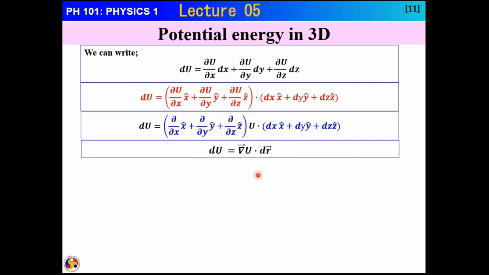Another way of writing this: the del operator is written with an arrow to denote that it is a vector.